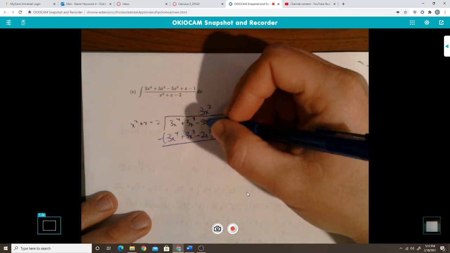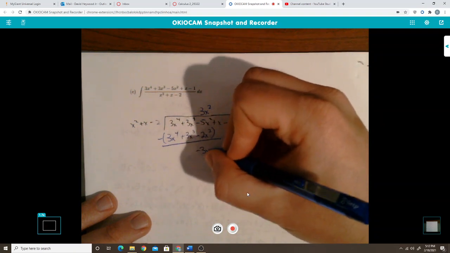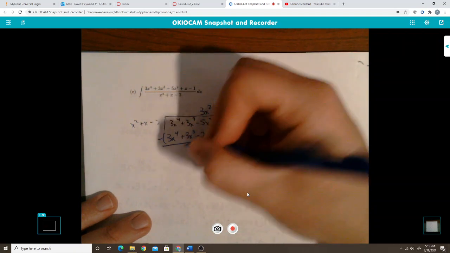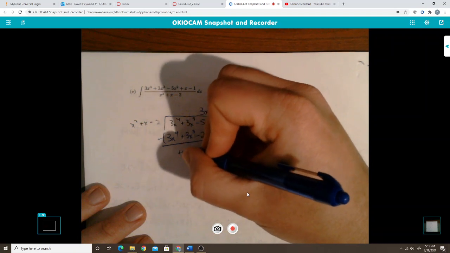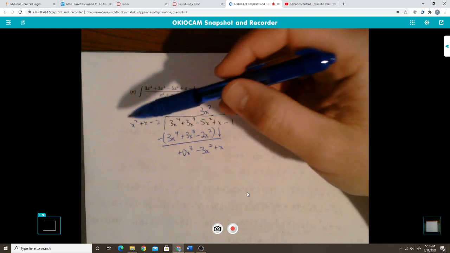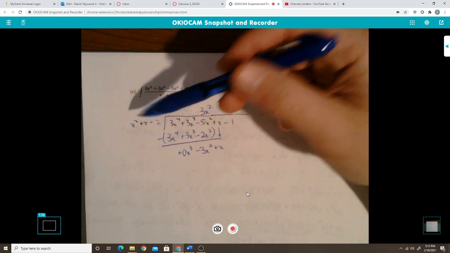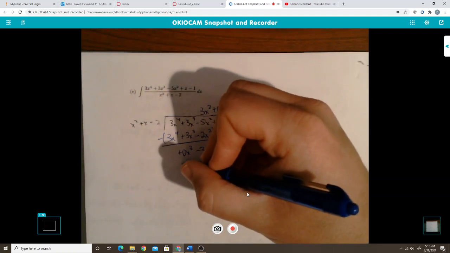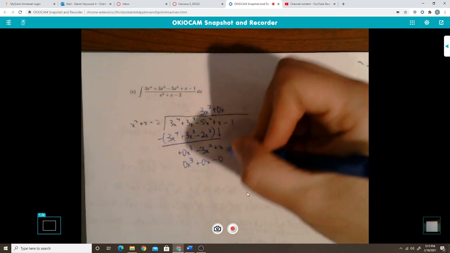And so then I'll have a negative 5 minus a negative 2. That's a negative 5 plus 2. That's negative 3x squared. Bring down the x. And just to keep my bookkeeping kind of nice, I'm just gonna label this as 0x cubed like that. Okay? Because then I would ask myself, what times x squared would give me 0x cubed? And the answer, of course, is 0x. So 0x cubed plus 0x minus 0, or whatever.